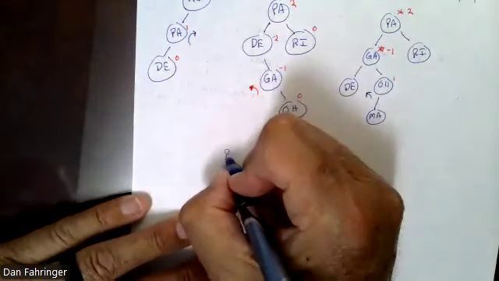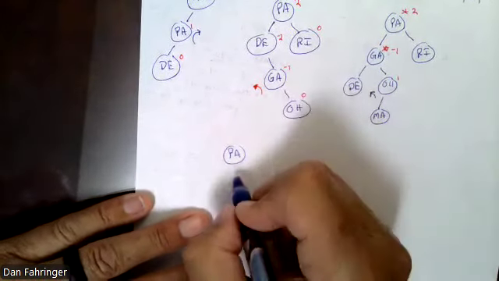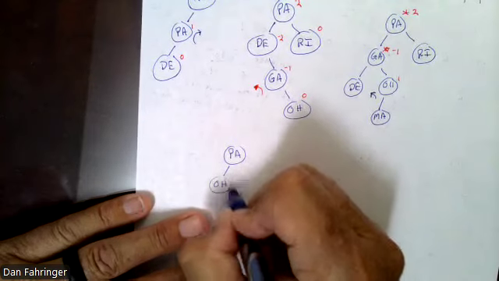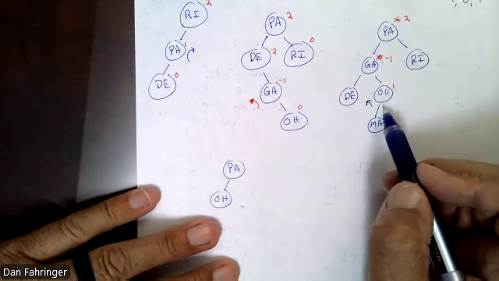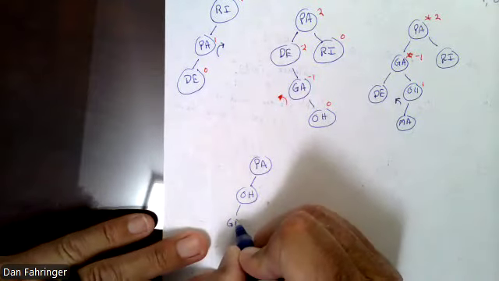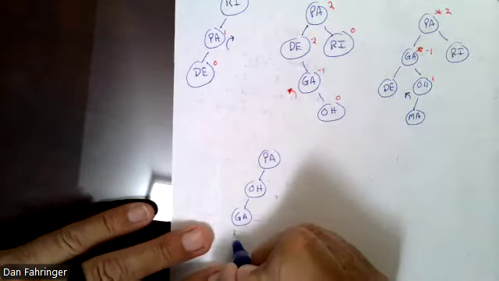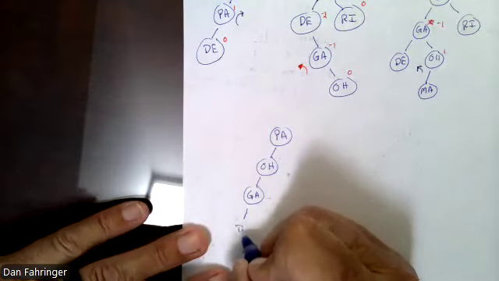Okay. The left gives me PA. Ohio is here now. Then we go Georgia, which stays there. Delaware, which stays there.